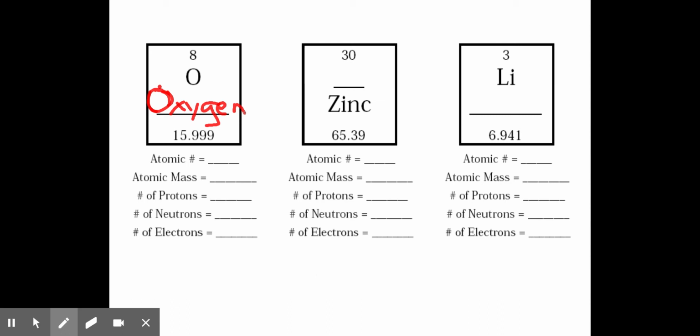If you'll remember, that is the number at the top, which is 8. Okay, then we need the atomic mass, which is the number at the bottom, and that number is 15.999. For this assignment, write the number that is actually in the box, do not round it. If your teacher were to have given you one that was already rounded, you would use that number. We are going to use the number that is given here.